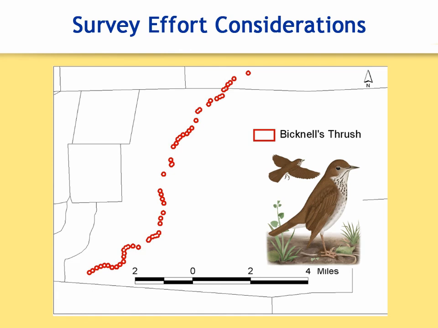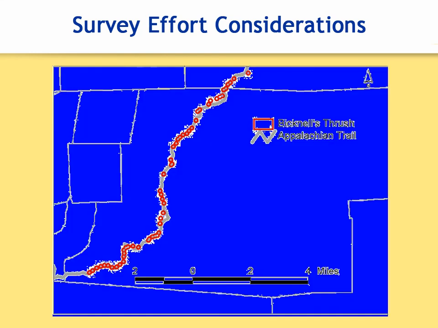Here is a real-life example of survey effort and how it affects the mapping of EOs. These are source features for a rare bird, Bicknell's thrush, and they are all, curiously, in a nice line. The survey was done by hiking the Appalachian Trail during breeding season, playing territorial calls and listening for responses.